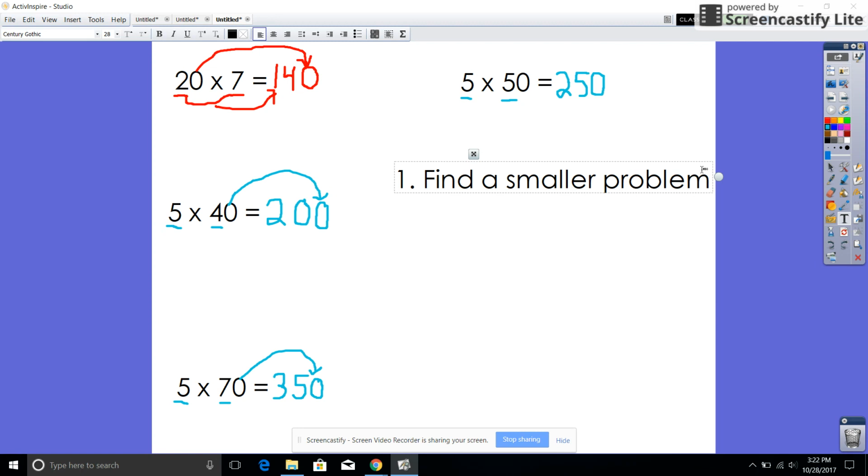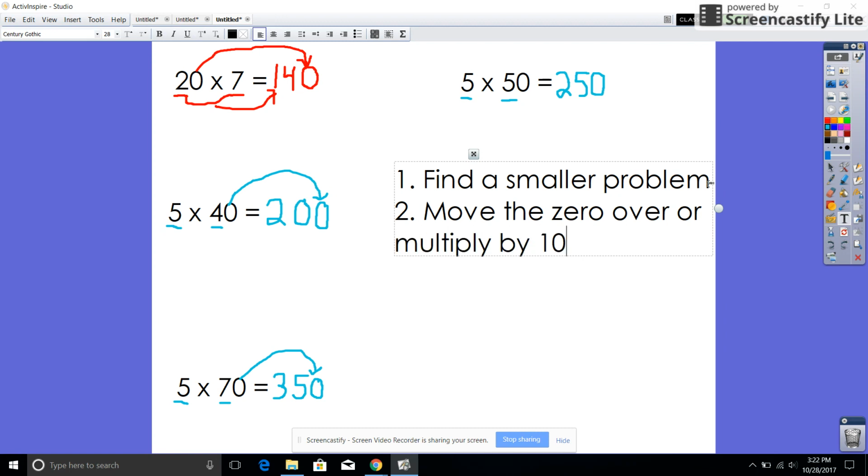Now that we've done that, we need to move the 0 over or multiply by 10. That means we multiply what we get for our product here. So this one, 5 times 4 was 20. We multiply 20 times 10, that gives us 200. Or you can just bring the 0 over, but they mean the same thing.